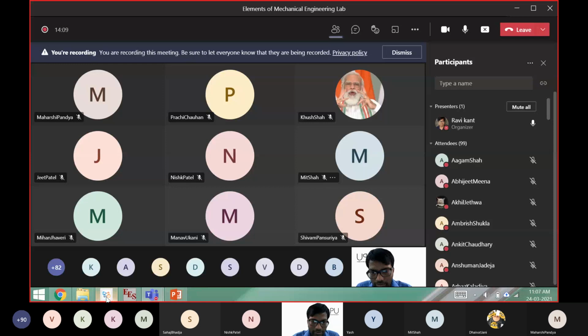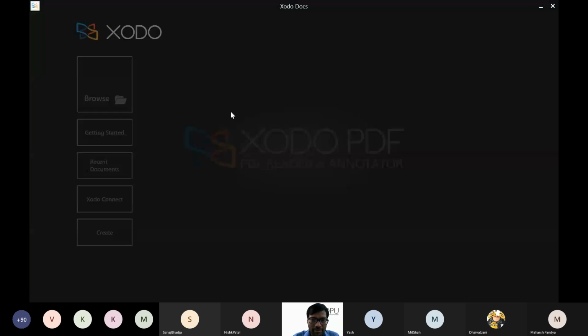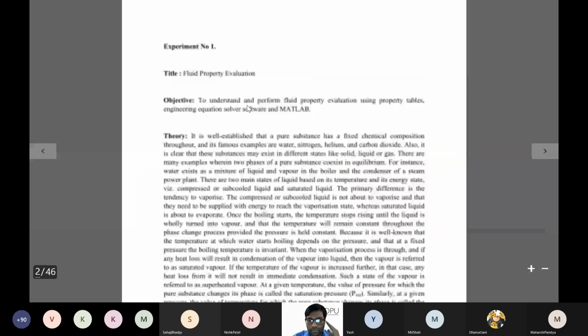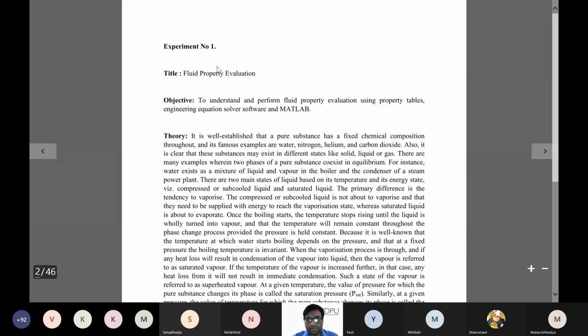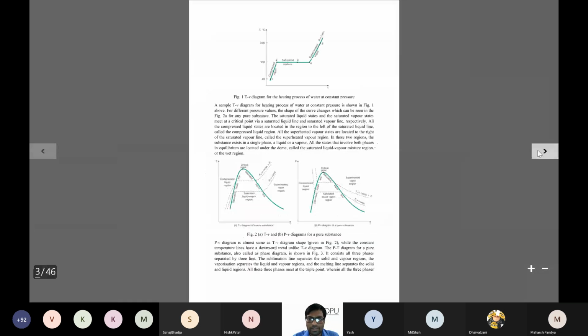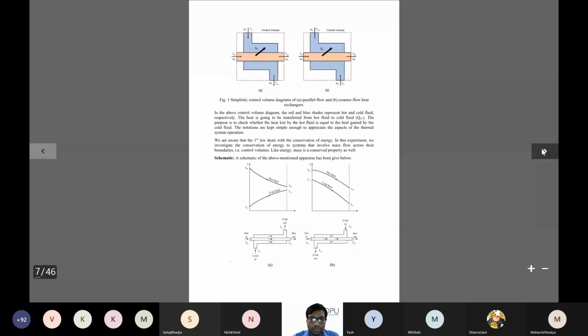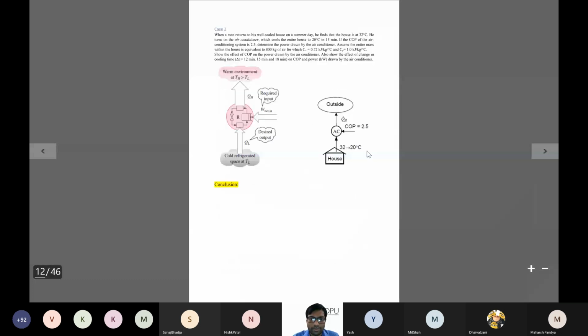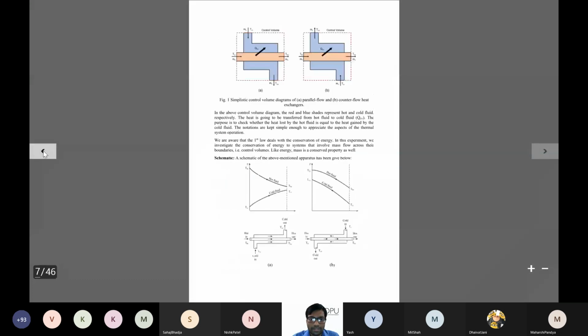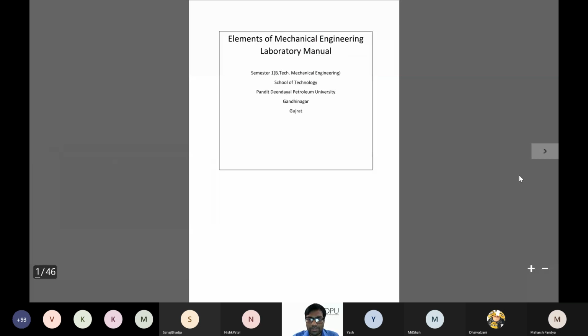Let me first show that I have already shared this EME lab manual with you. Everybody has this. All the experiments you will be doing are listed in the manual in this particular PDF, which I have already shared in Teams as well.